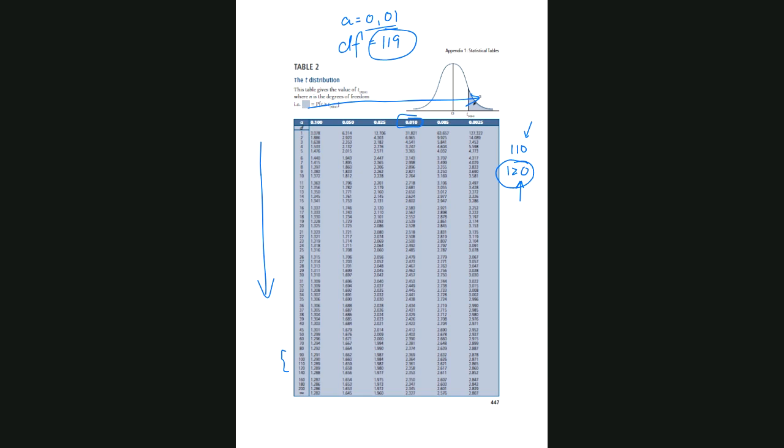So you're going to look in line with 120 and in line with the 0.01 at the top, your critical limit is 2.358. So this is then the limit you will use in your diagram. So when we draw up that bell-shaped curve, this is going to be 2.358. So let's go back to the question and we can continue with that.